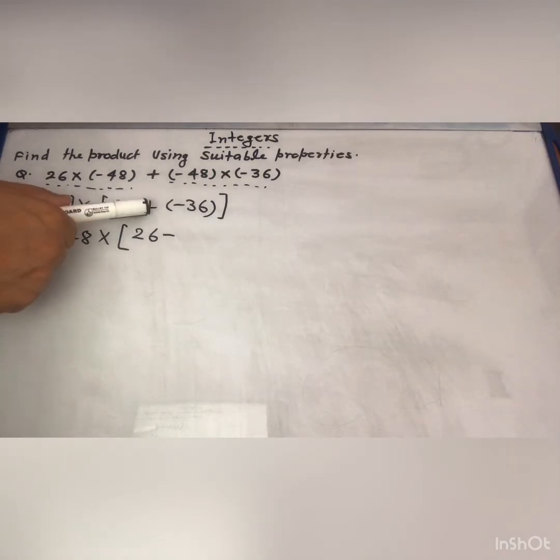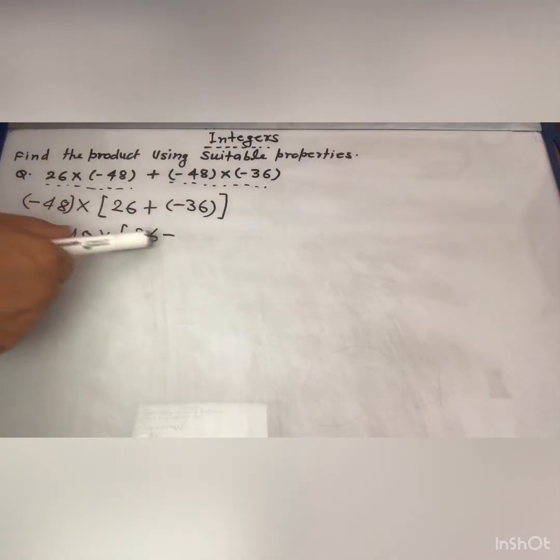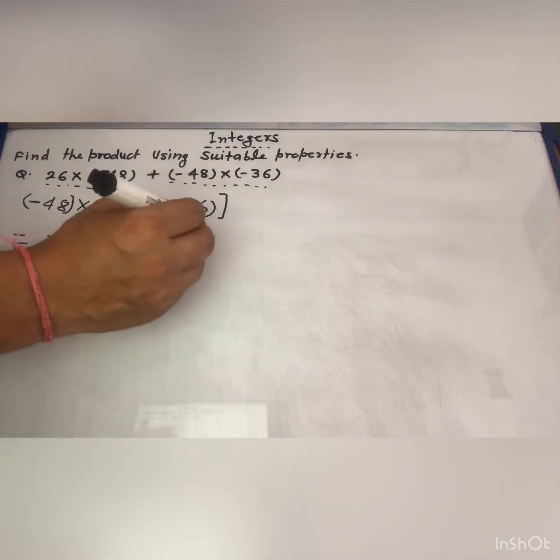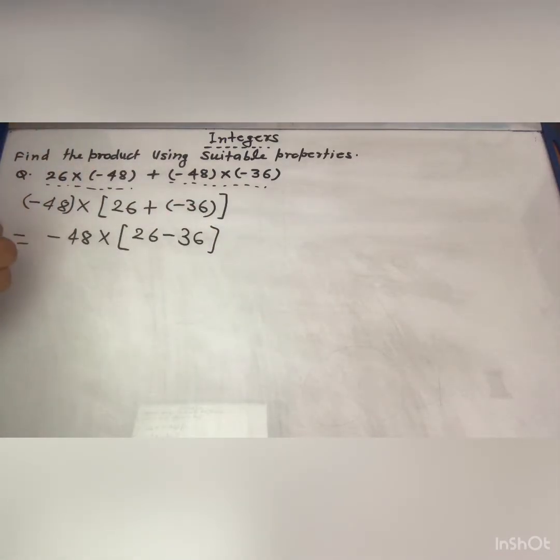Okay dear, so here is the minus sign and the second one is the plus sign, they are opposite signs, so they give you minus. After that you put the number, that is 36. Now this is positive 26 and this is negative 36. One is positive and the second is negative.